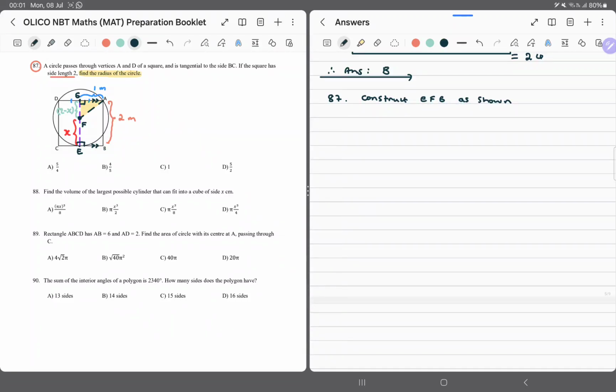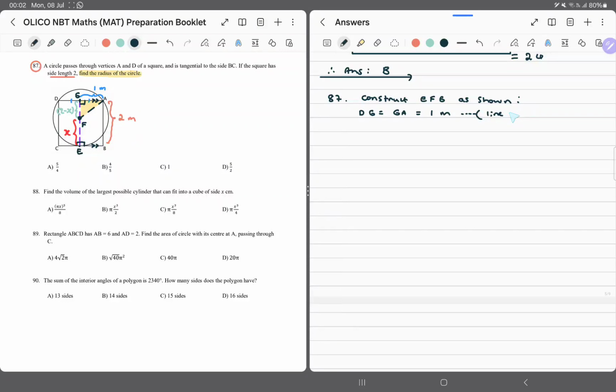So this would have been shown there. Right? And as a result, we can appreciate that DG is equal to GA, which is equal to 1 meter.